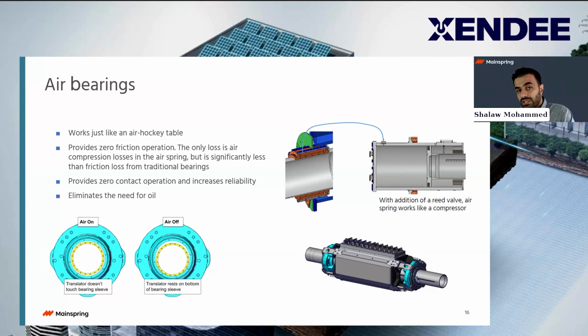One question that may come to you now is, if the air bearings are so great, why are they not widely used? Well, air bearings have a low bearing load. They technically take about 1,000 Newton. If you go back to the translator design, the translator is a hollow cylinder made of very light material. Really, the only weight on it is the magnets, which technically help with the electromagnetic force and also help elevate it.